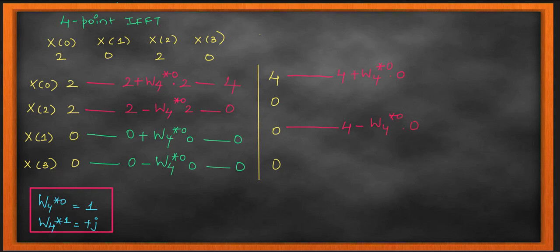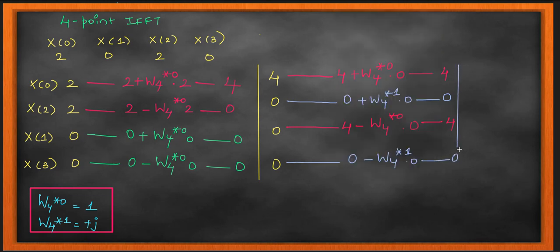We have to do that 1 by n extra, because the formula for the inverse Fourier transform says that x is equal to 1 by n, W_n conjugate, X. I have done the W4 conjugate part, integrated into my butterfly computation, but I'm still left with that 1 by n, which is what I'm going to do next, and that will convert my output 4040 into 1010.